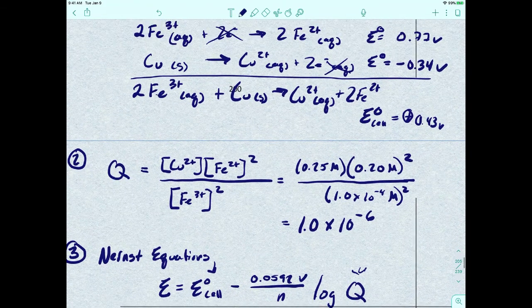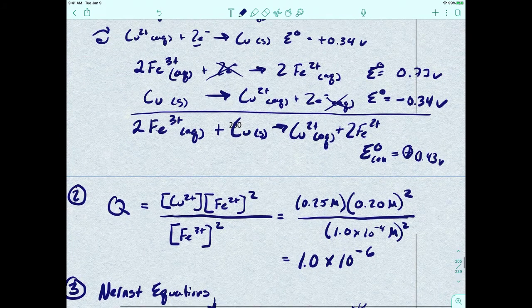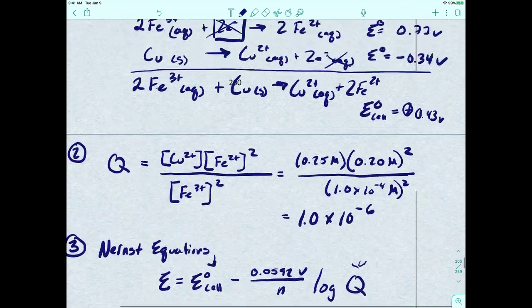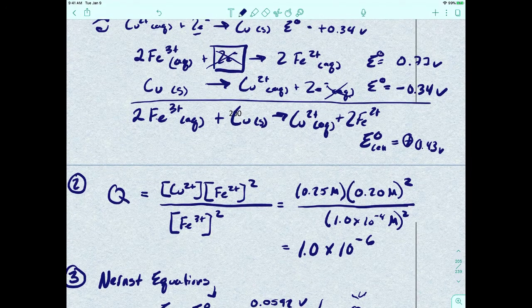But n is the number of electrons, which was 2, because we're getting it right from our half reactions.